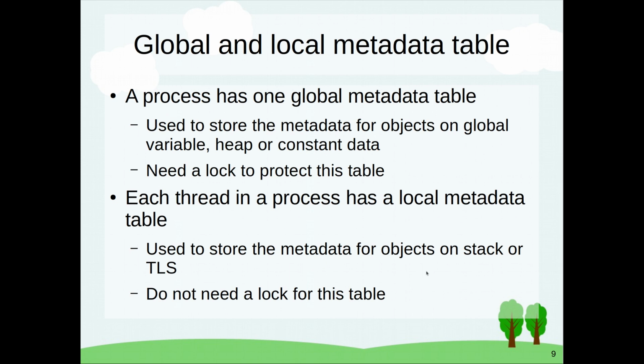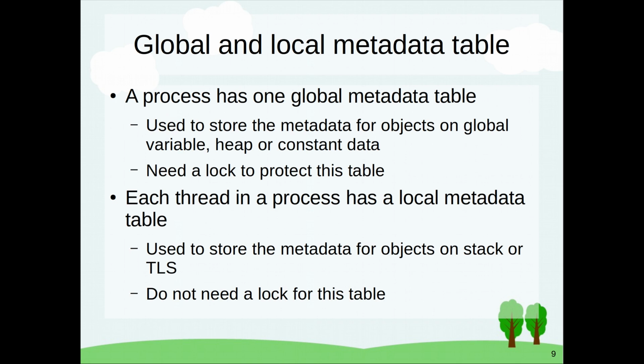So previously in the slides, I only mentioned one metadata table. Actually, the program will have two kinds of metadata table, that is the global metadata table and the local metadata table. The global here means the data that can be accessed by all threads in the process. The local here means the data that can only be accessed by one thread in the process. So a process has one global metadata table that is used to store the metadata for objects on global variables, heap or constant data.